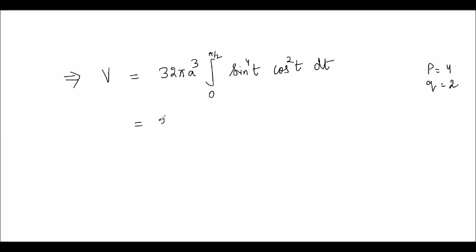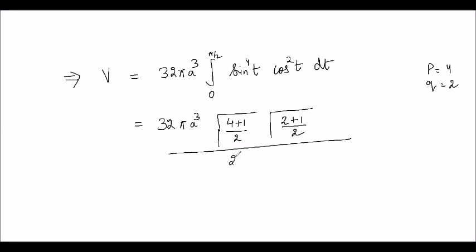So let us write it in terms of the gamma function. 32 pi a cube, gamma of (p plus 1) by 2, gamma of (q plus 1) by 2, divided by 2 times gamma of (p plus q plus 2) by 2.